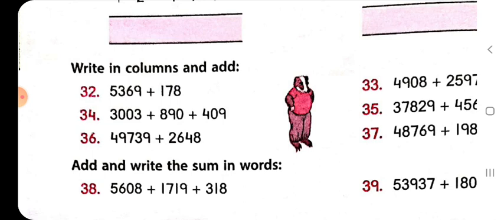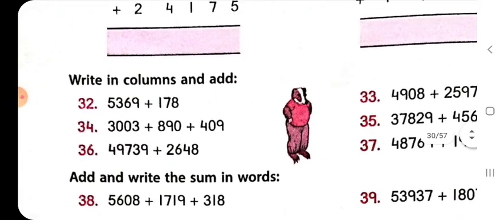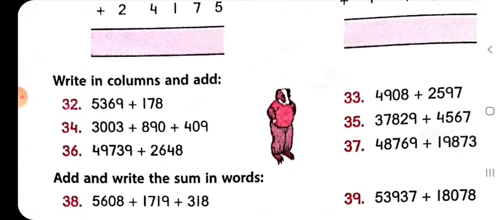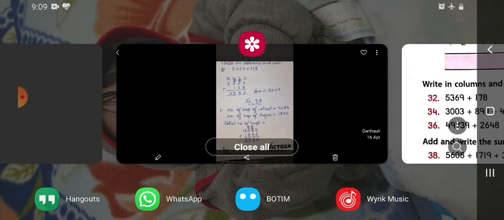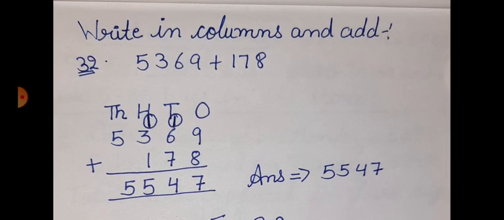This is a very simple way. That means you have to simply write these numbers in the column form, as it is given in the row form, or vertically, and add. Simply just as you were doing in the above questions, you will write it like that and add. I'll show you how you will do it.